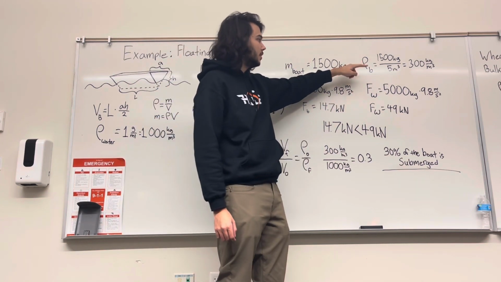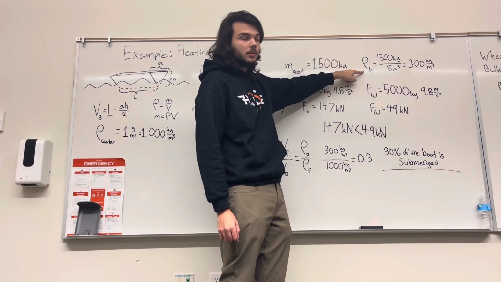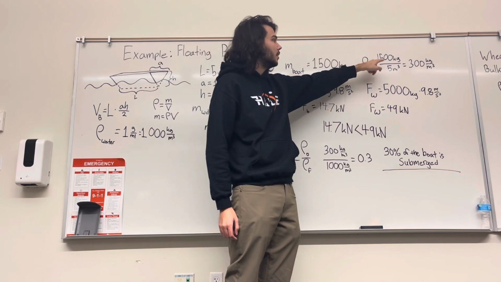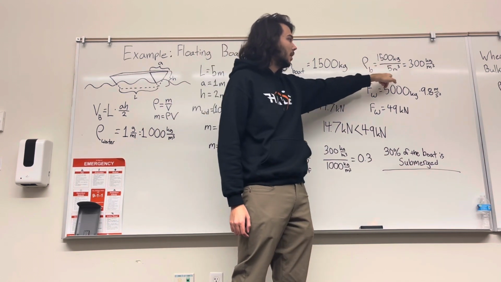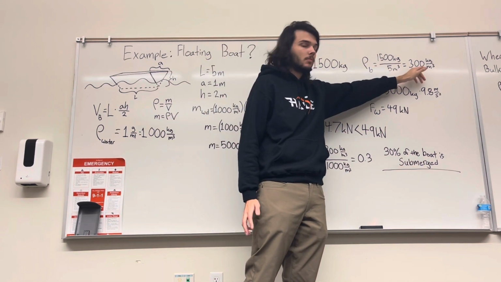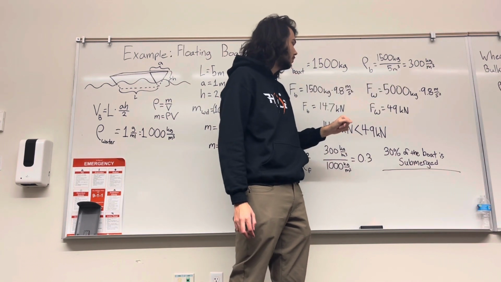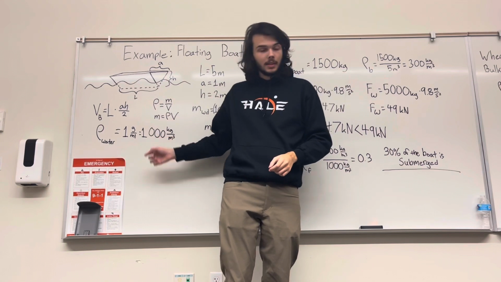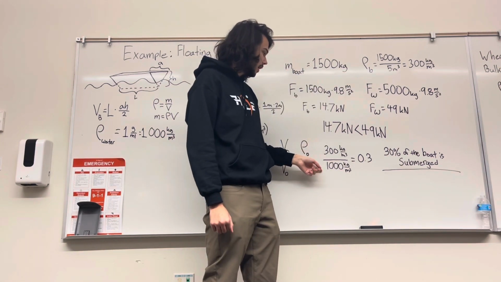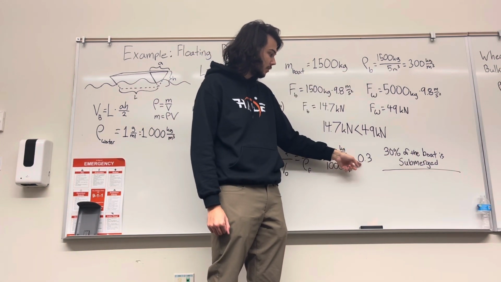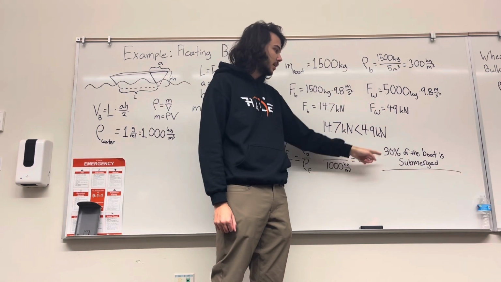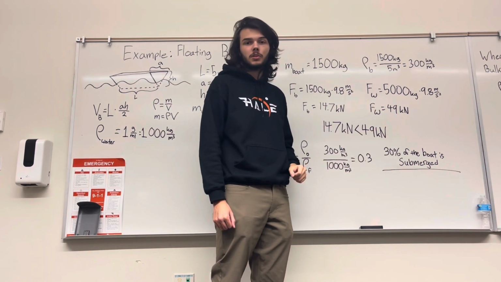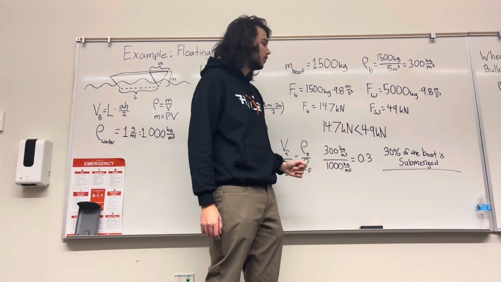We can find the density of the boat, density of the object, by taking the mass and dividing it by the volume. We get a nice 300 kilograms per cubic meter. And because we know that the density of water is 1,000, we can just equate that. We get a number, 0.3. That tells us that 30% of the boat is submerged and the boat is comfortably floating on top of the water.